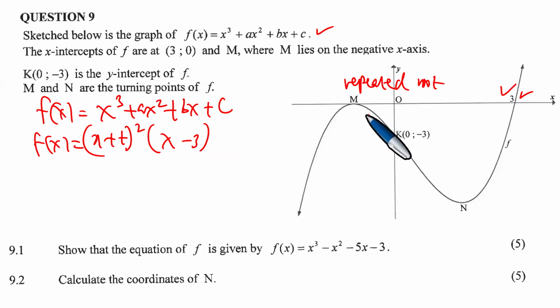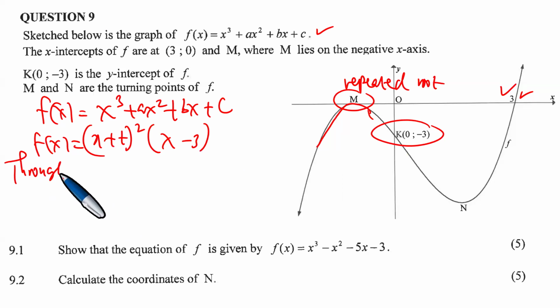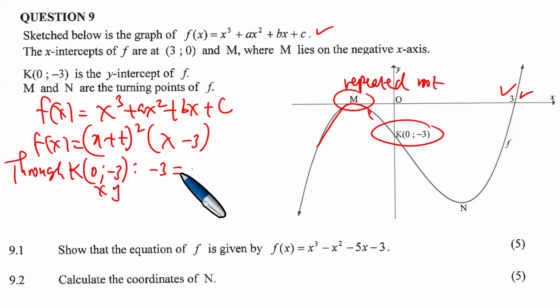Because if it's repeated wherever the graph turns like this, such that this line is a tangent, then you will get what you call a repeated root there. Now, this function passes through the point K with 0, -3 as coordinates, giving us x and y. Y is -3, x is 0.